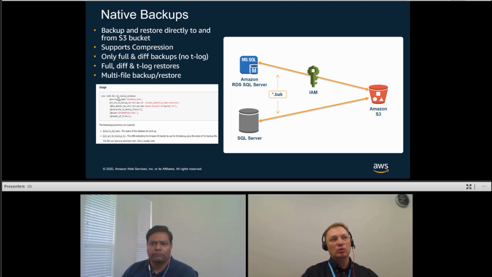It's just going to be called RDS restore database. You run that, and we will restore your database on RDS. This is one of the most popular strategies to migrate over to RDS.